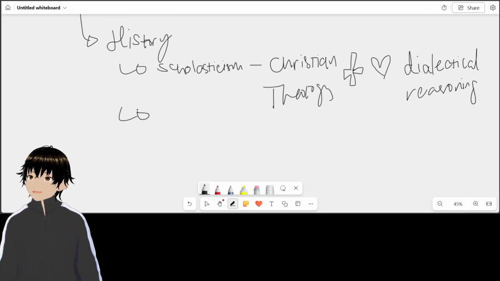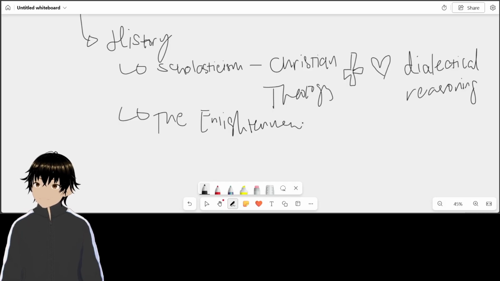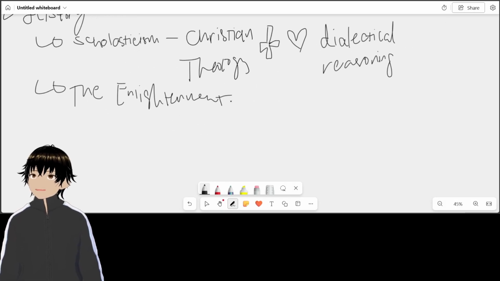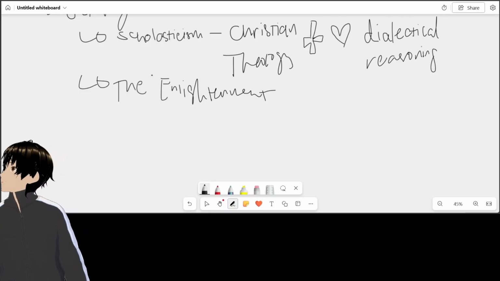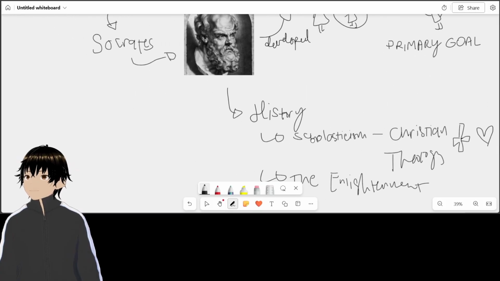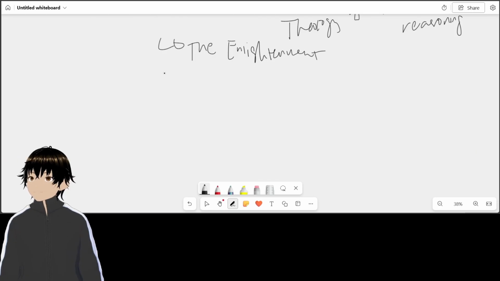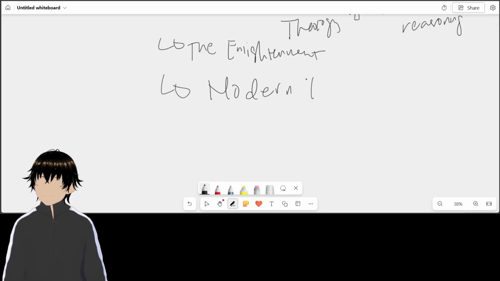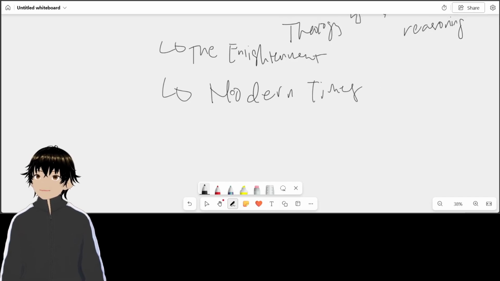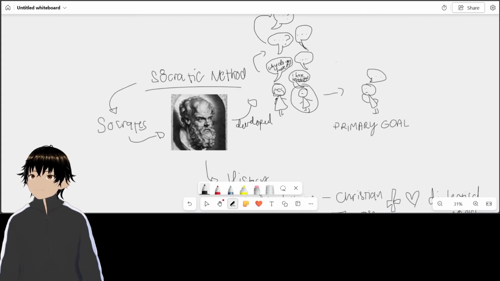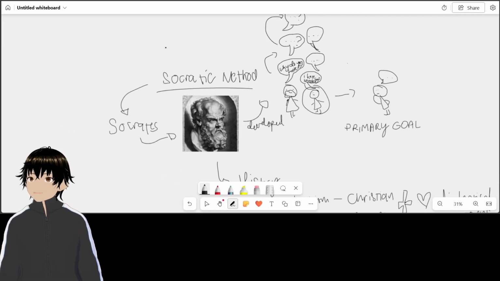And it was also used in the Enlightenment period by some thinkers that were prominent in the Enlightenment period. And in modern times as well, okay?